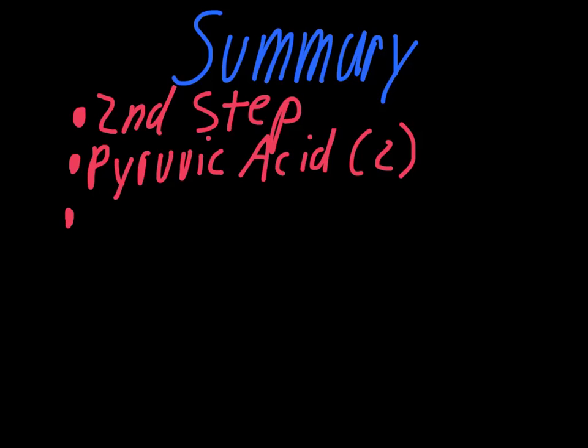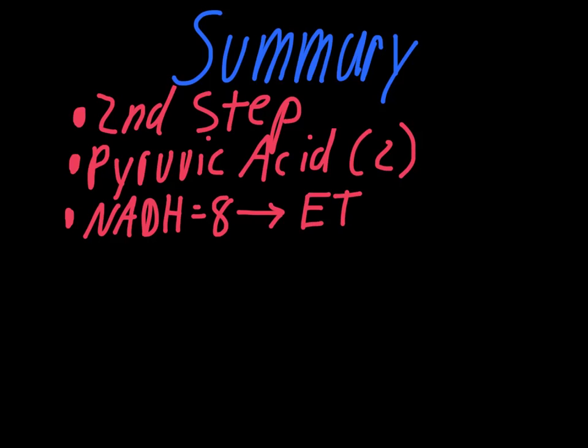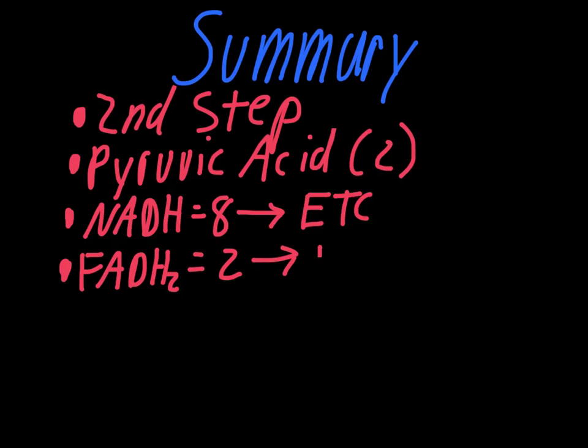You also have to know the total number of products. So for NADH, we get a total number of 8, and those go to the electron transport chain because they're electron carriers. So it sort of makes logical sense. For FADH2, our total number there, if you remember, is 2, and those also go on to the electron transport chain.